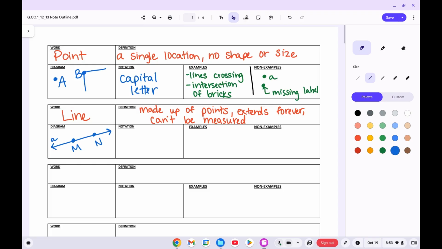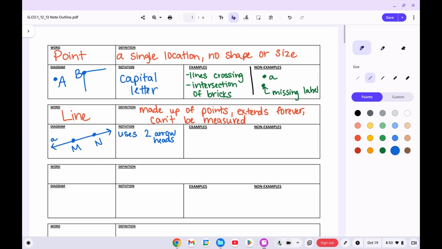Just like we had specific notation for how to name points, we have specific notation for lines as well. Okay, so for a line, it uses two arrowheads when you're naming it.